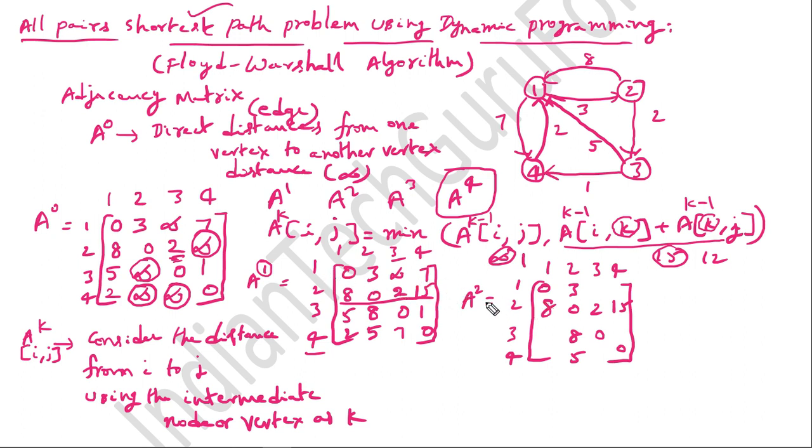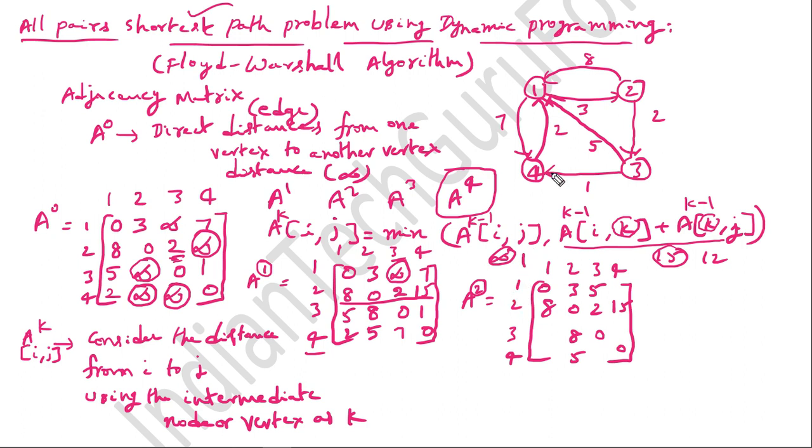Let us calculate from 1 to 3. Now the intermediate node must be 2. From 1 to 3, intermediate node must be 2. So 1 to 2, 2 to 3. 3 plus 2, 5. Already infinity is there, so remove this infinity and place it as 5.